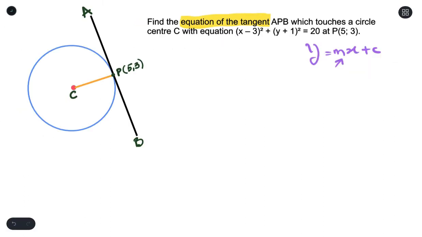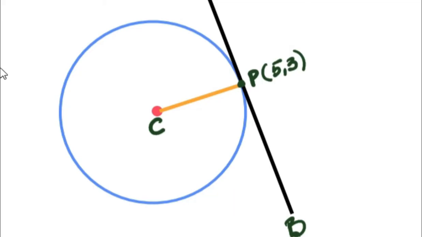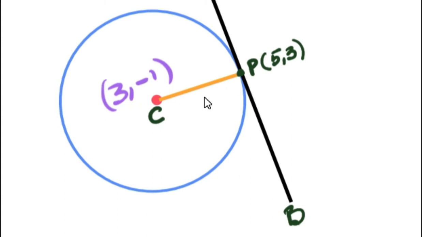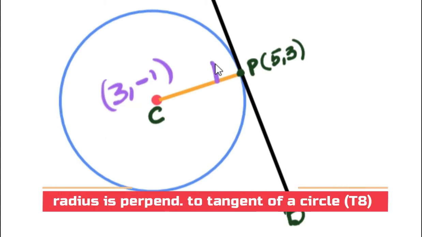Before we get into that, a couple of things we notice in the question. The question here tells us our center, that is C, and using those values, we understand that the coordinate at the center is actually (+3, -1). Now, from Euclidean geometry, we understand that the radius and the tangent are usually perpendicular.